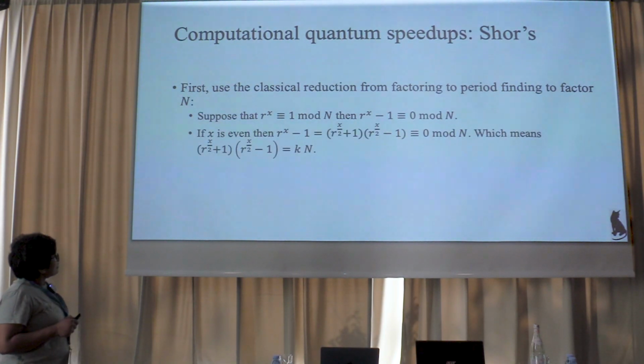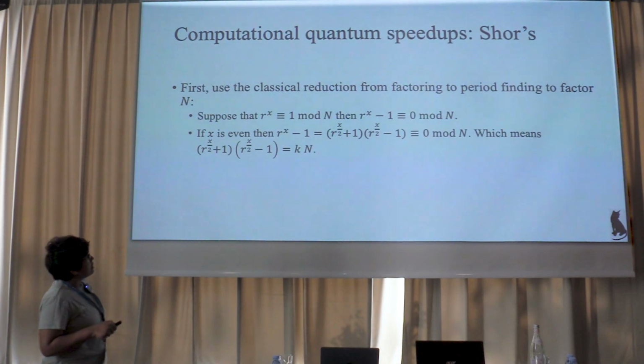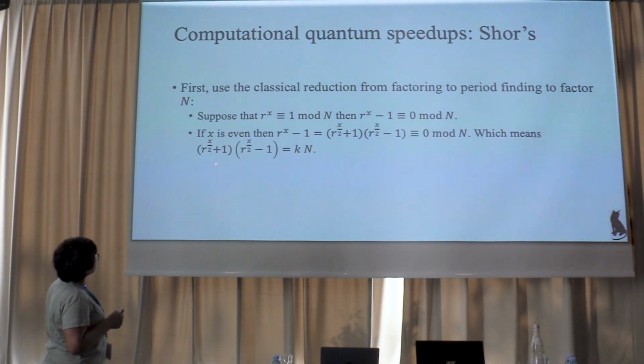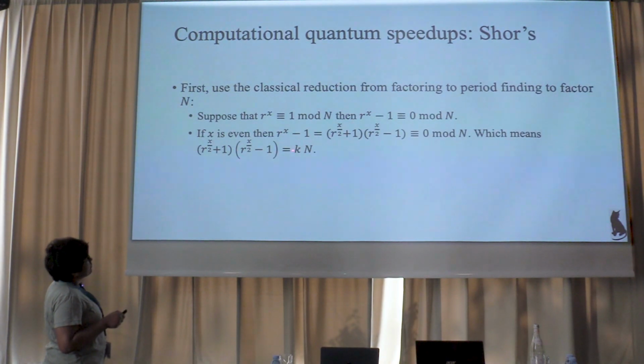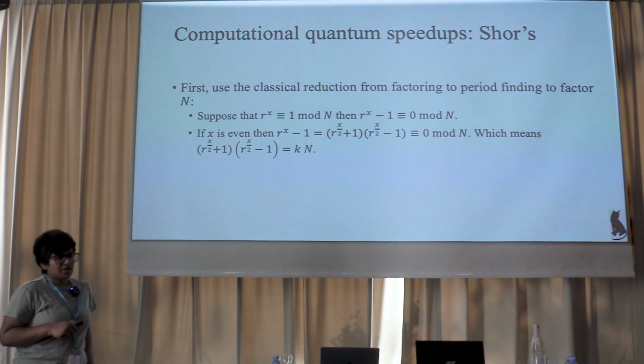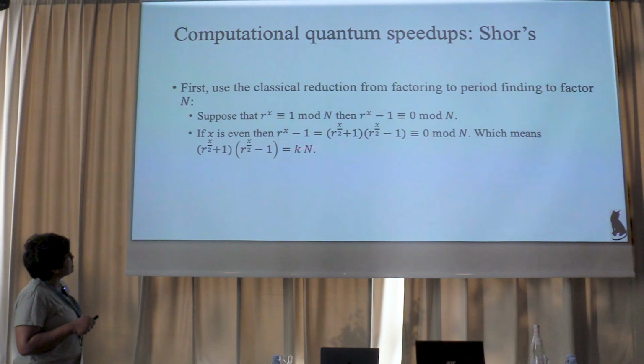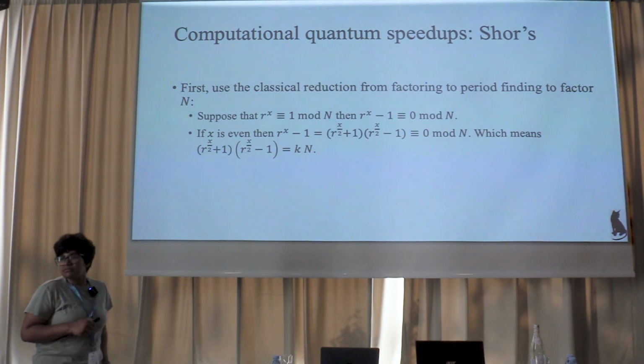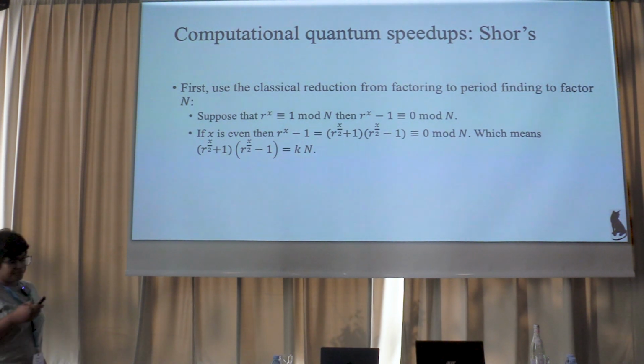Now, if x is even, then I just rewrite this as 2 factors. This is just a square minus b square, so I broke it up as (a plus b)(a minus b), which means this quantity here will be equal to some k times n, right? Because this equals 0 mod n, that means it's some multiple of n. Yeah? This is okay? Cool.